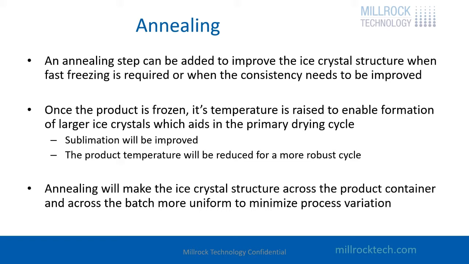That allows the ice crystals to grow in size and to become more consistent across the batch. So if you've got variation inside your product, annealing will make it more consistent. And if you have multiple trays or multiple vials, it'll make it more consistent across the batch.